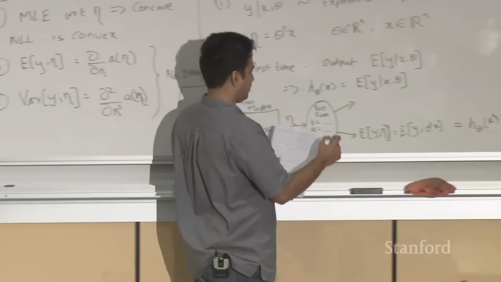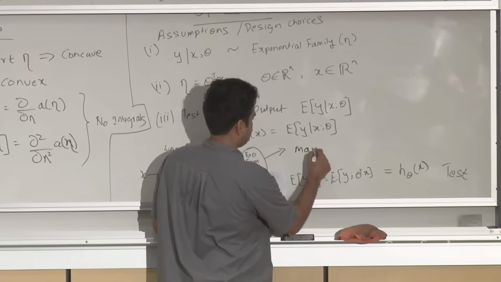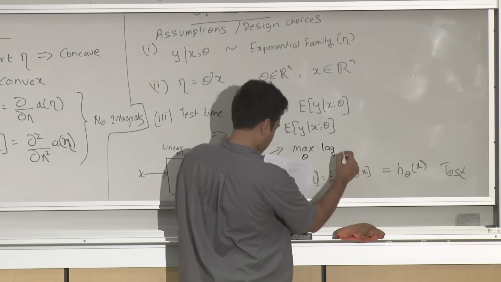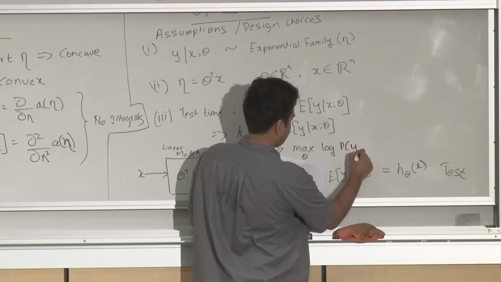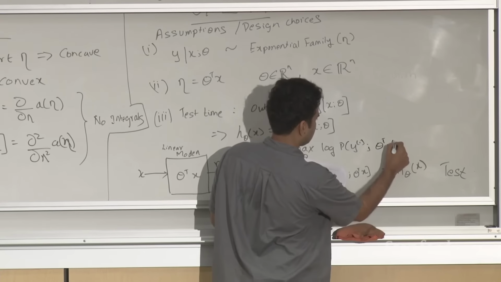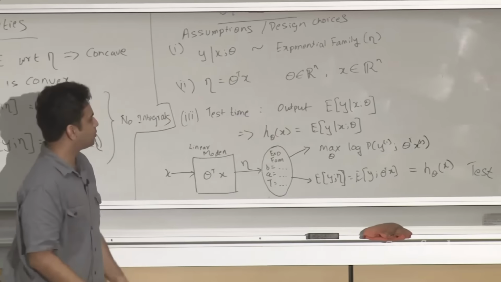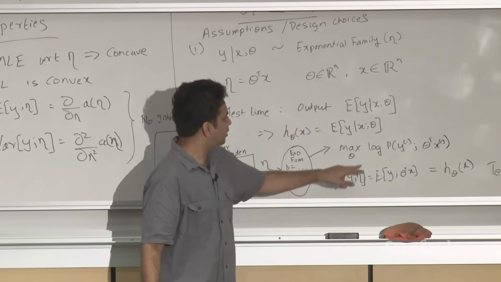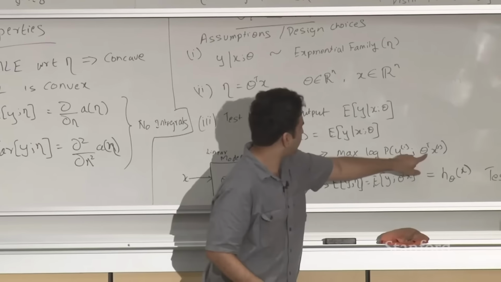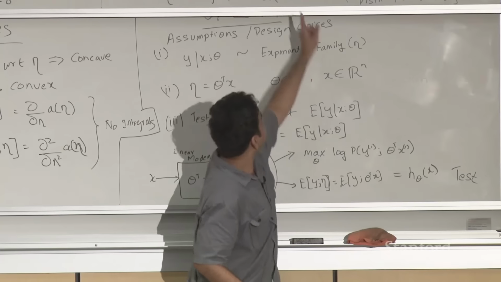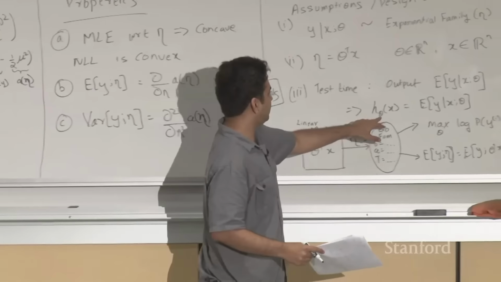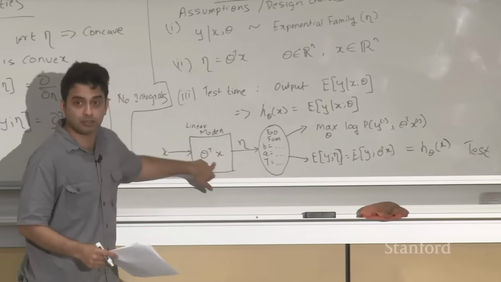So during learning, what we do is maximum likelihood: maximize with respect to theta the log p of y i given x i. So we are doing gradient ascent on the log probability of y, where the natural parameter was reparameterized with a linear model, and we are taking gradients with respect to theta.